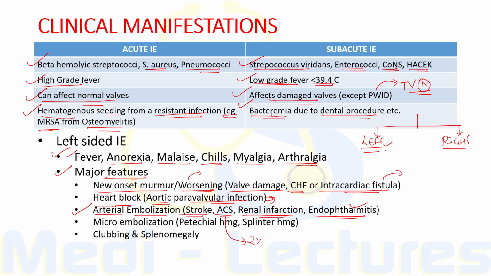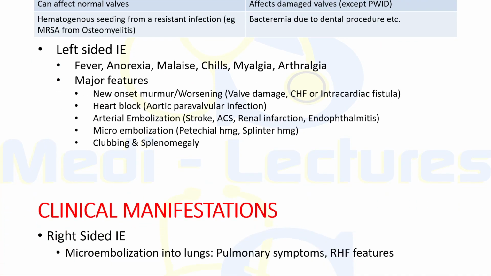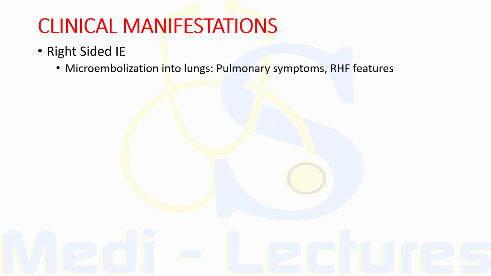The clinical features of microembolization can be seen in the form of petechial hemorrhage and splinter hemorrhage, typically in the nail beds. Other than this, clubbing and splenomegaly are also common in infective endocarditis. Now, when we consider right-sided endocarditis, in addition to cardiac features, microembolization can occur into the lungs, leading to pulmonary symptoms and features of right heart failure.